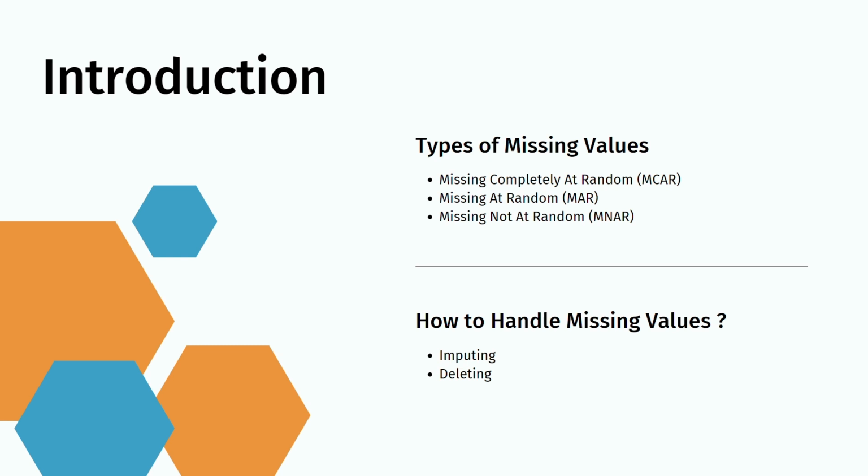The other method to handle missing values is simply deleting them. Now, when we're talking about deleting, you cannot delete one specific entry in a table. You have to delete either the complete row or the complete column.